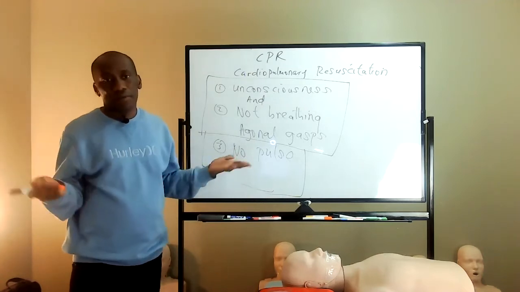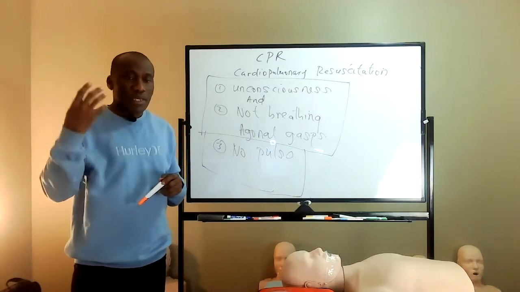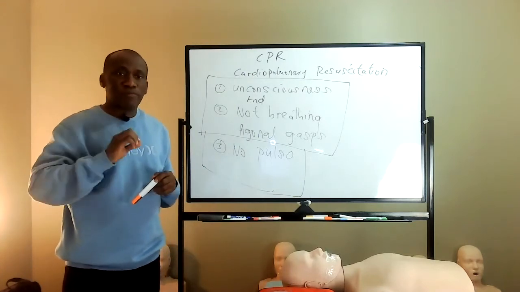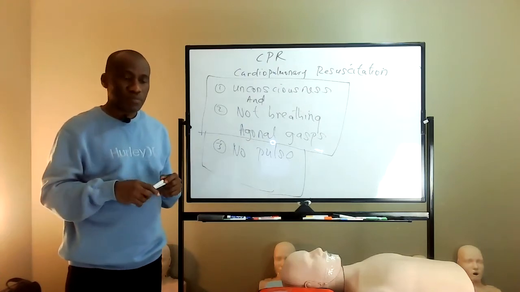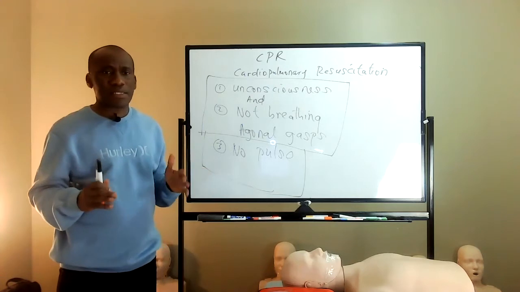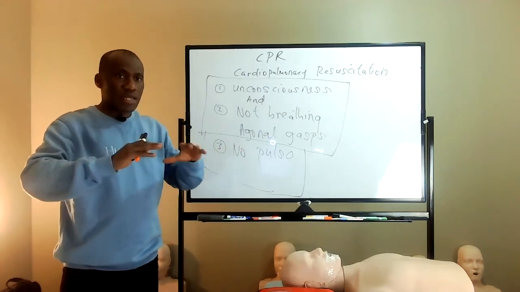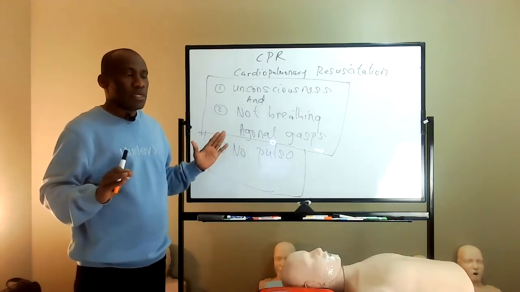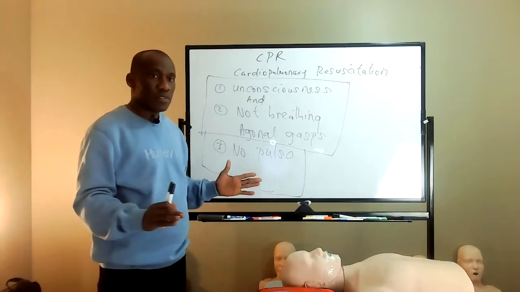Very, very common. And cardiac arrest simply means that the heart stops performing all of a sudden. There's no warning. So cardiac arrest can happen without warning, just the heart stops working.